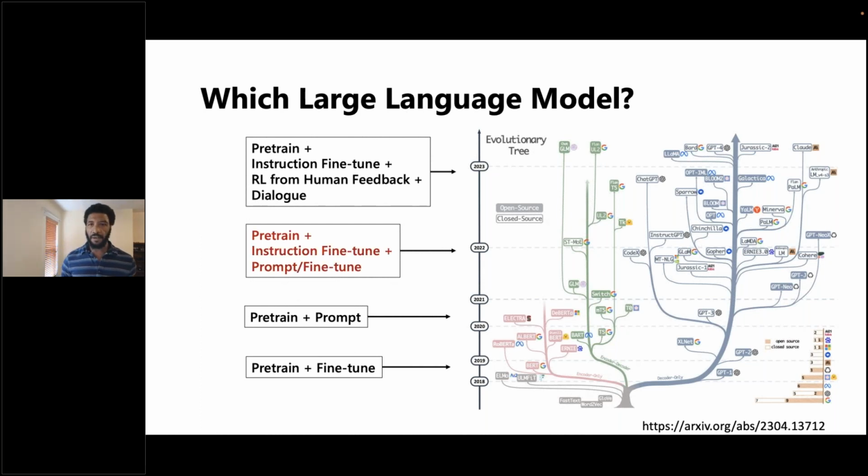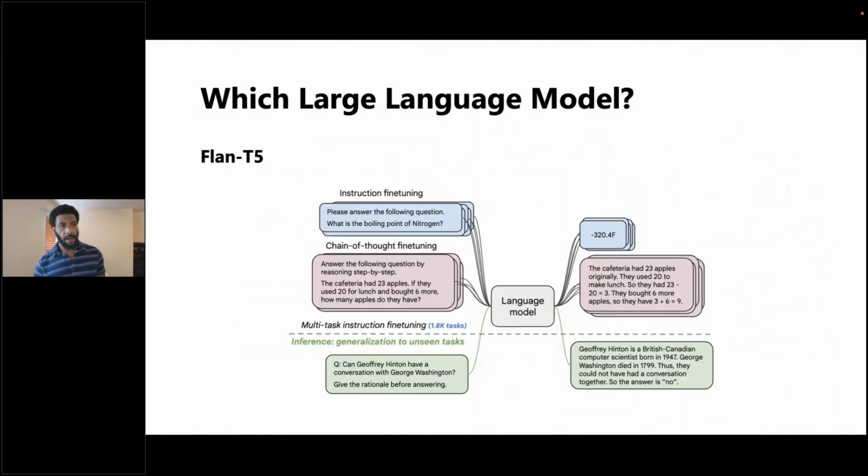In terms of applications of these language models, aside from these chatbots, the magic sauce now is this idea of fine-tuning models with instructions. In particular, the model that we've been exploring in research is Flan-T5, and here we can see an example of instruction fine-tuning, where we reframe a lot of NLP tasks as prompts and answers to these prompts.